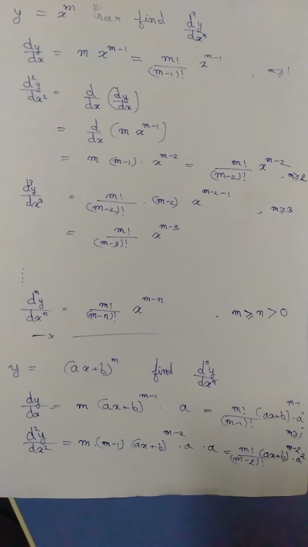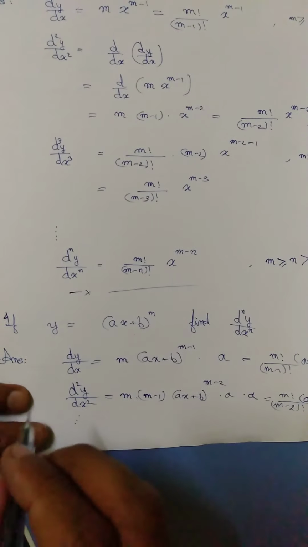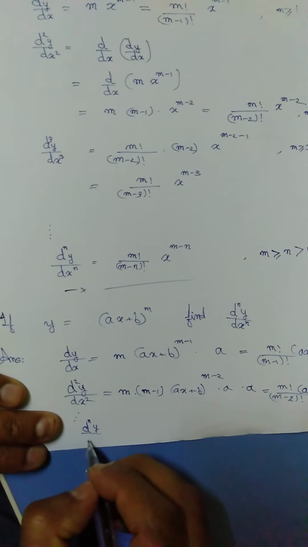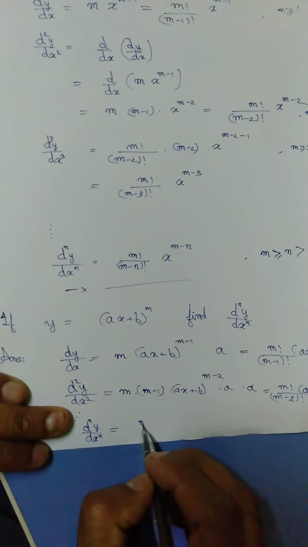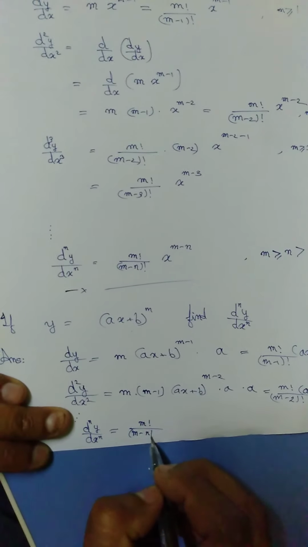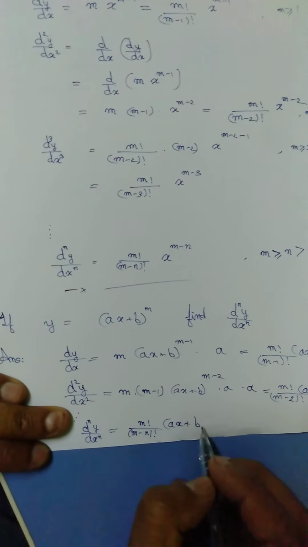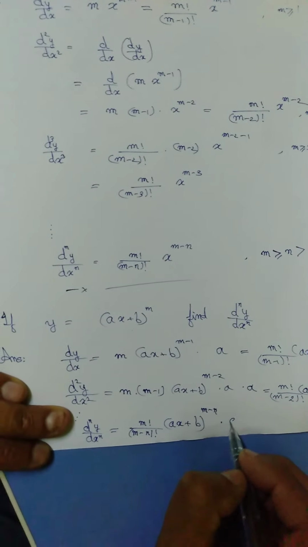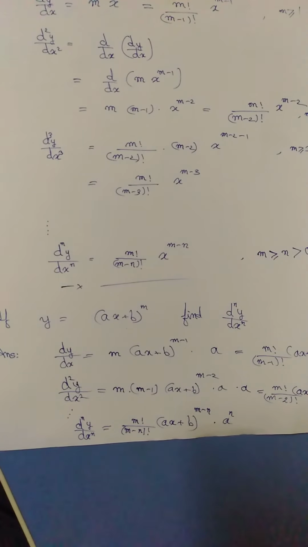In general, when you take the nth derivative, you should have d^n y by dx^n equal to factorial m by factorial m minus n into (ax plus b) to the power m minus n into a to the power n. Okay, that goes.